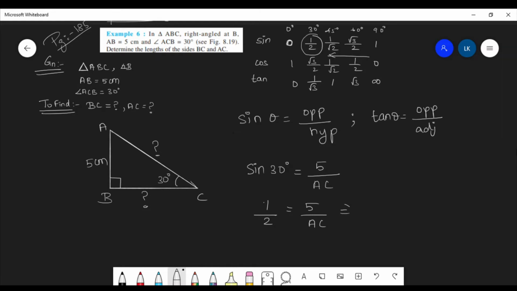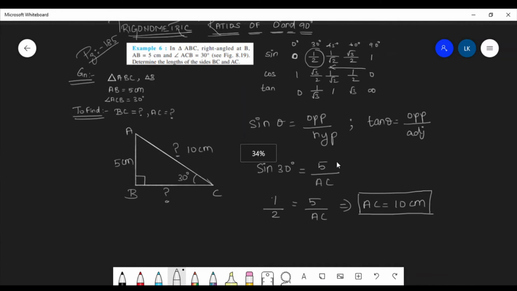Therefore AC is equal to 10, and you must write the unit without fail, or else you will get reduced by 1 mark. Therefore you should always remember to write the unit. Okay, AC is equal to 10 centimeter. We found AC. And in order to find BC, we are going to use tan theta.